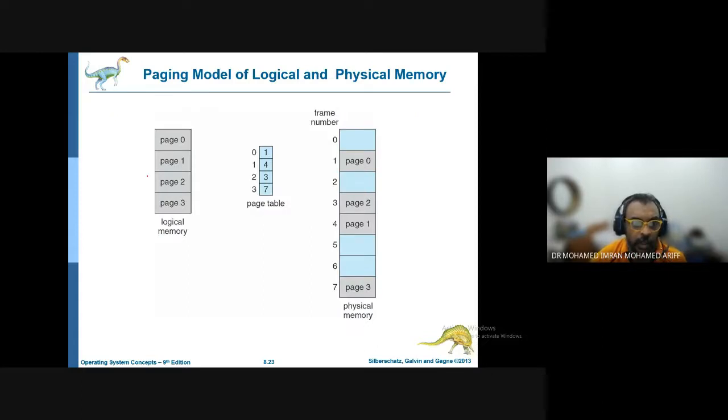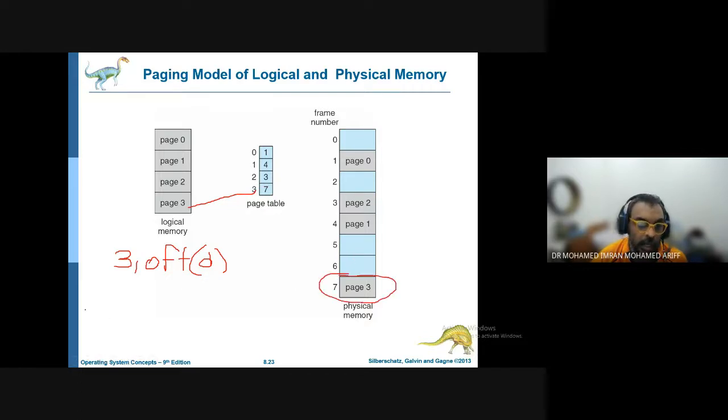Okay. Let us look again here. So the CPU comes up with two things, which is the page number, let's say page 3, and offset value. Or dalam example sebelum-sebelum ni, it uses D. Okay, so page number 3 is inside frame number 7.